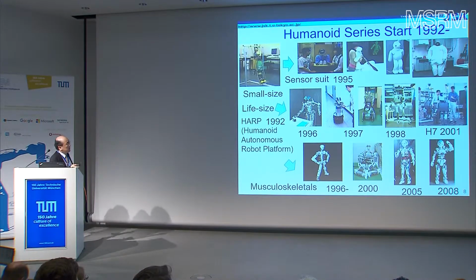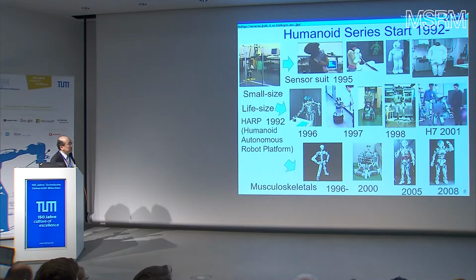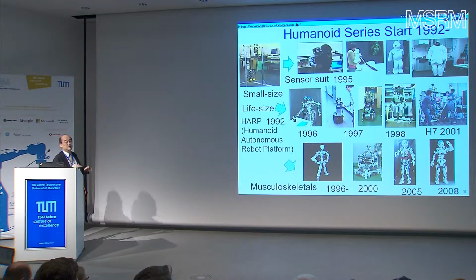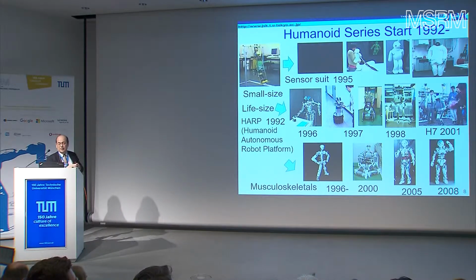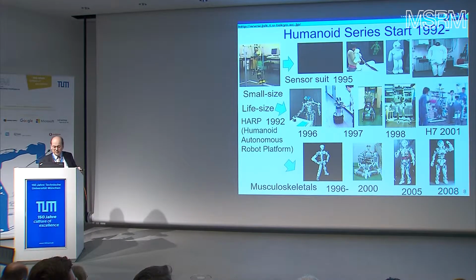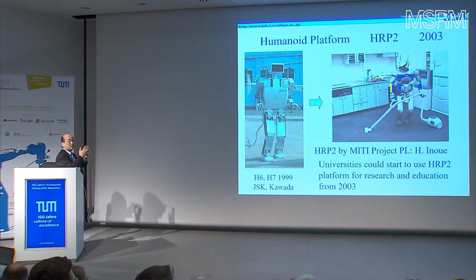After this development, the H series, H6 and H7 hardware, we asked the company Kawada Industries to provide the hardware part, and we put our own software on the hardware.